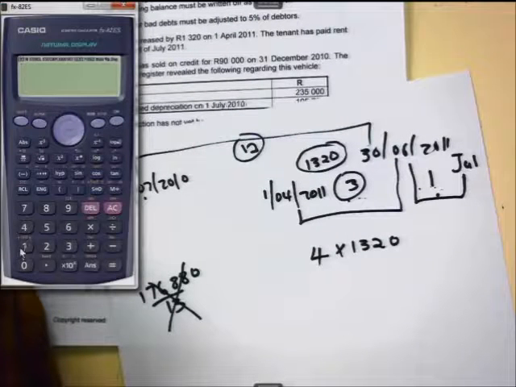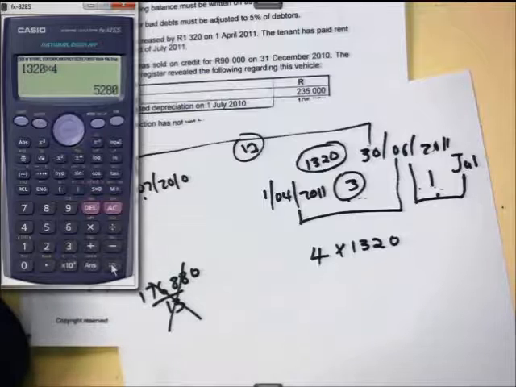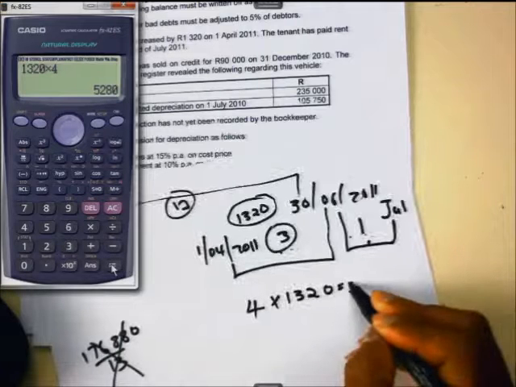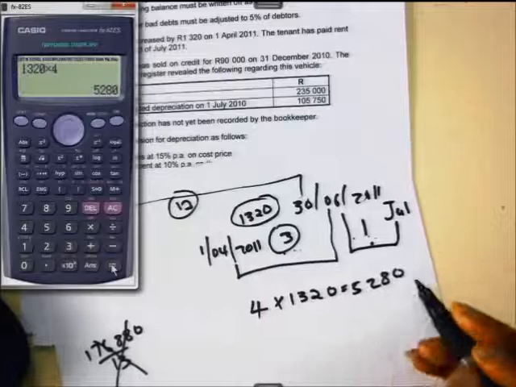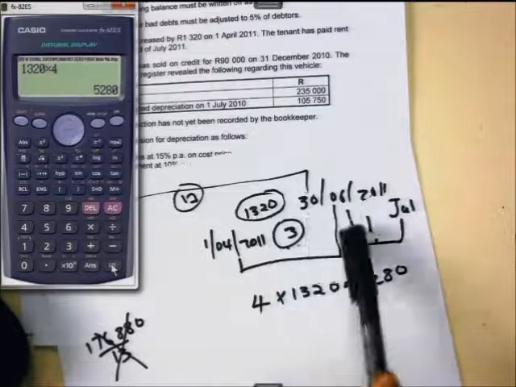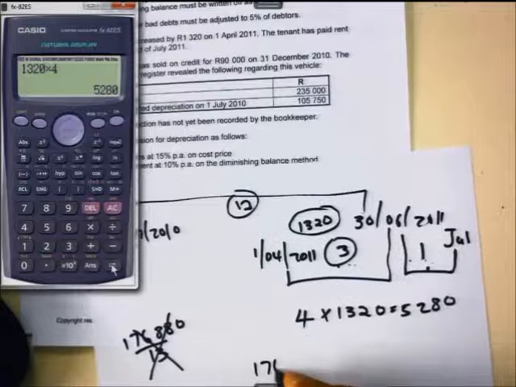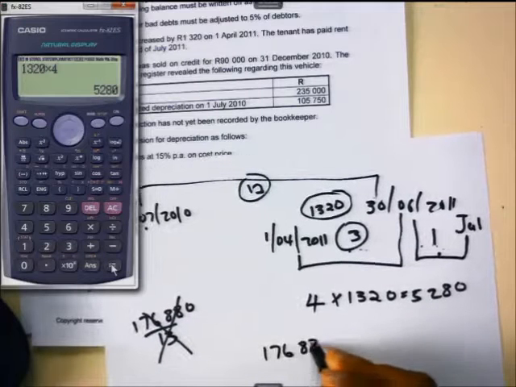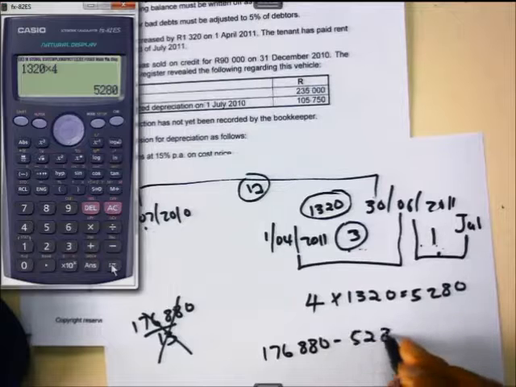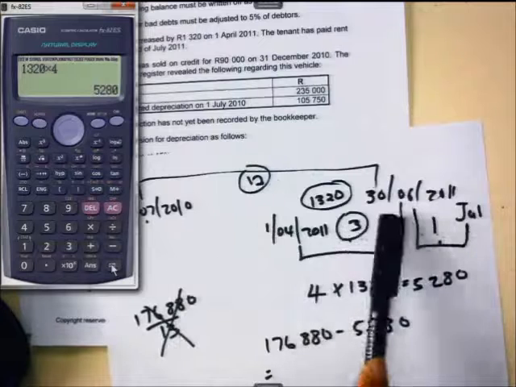So we'll calculate. Let's use our calculator. 1,320 multiplied by 4 gives us 5,280. Remember, 5,280 is the amount for 4 months, only the increase that is included in the amount as given from the trial balance. So we subtract: 176,880 minus 5,280, because these are 13 unequal months because of this increase.